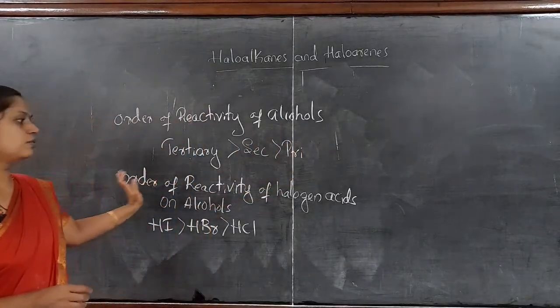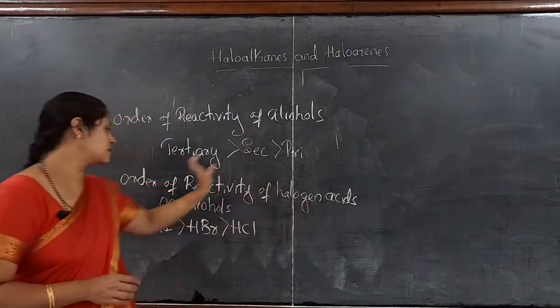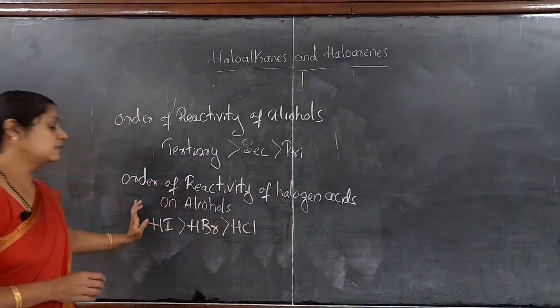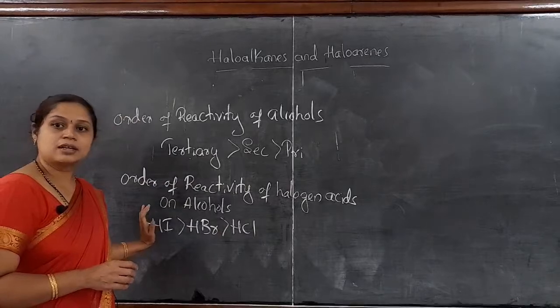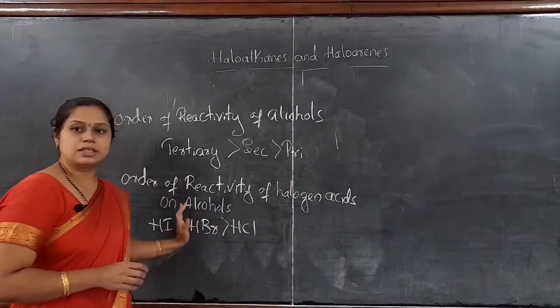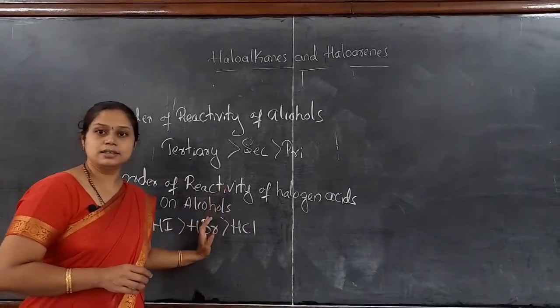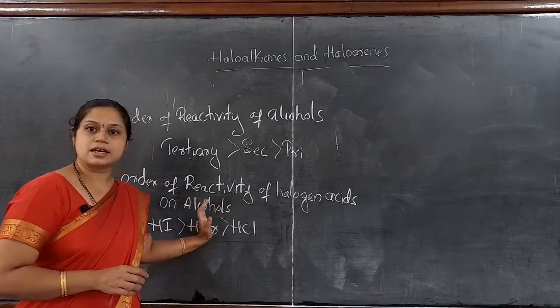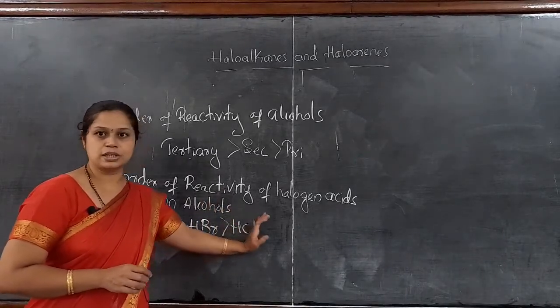If we see the order of reactivity of these halogen acids on alcohols, hydroiodic acid is more reactive than hydrobromic acid, and hydrobromic acid is more reactive than hydrochloric acid.